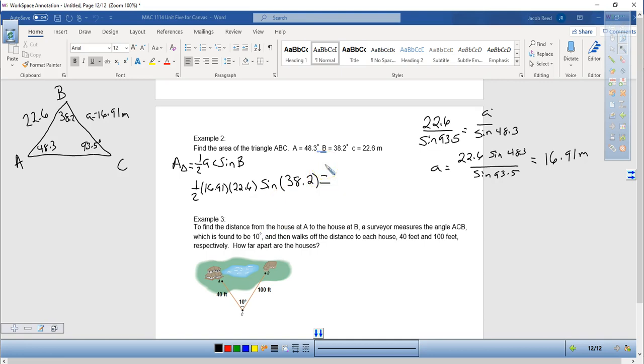And when I work that out, 0.5 multiplied by 16.91 multiplied by 22.6 multiplied by sine of 38.2, we get 118.17 meters squared.